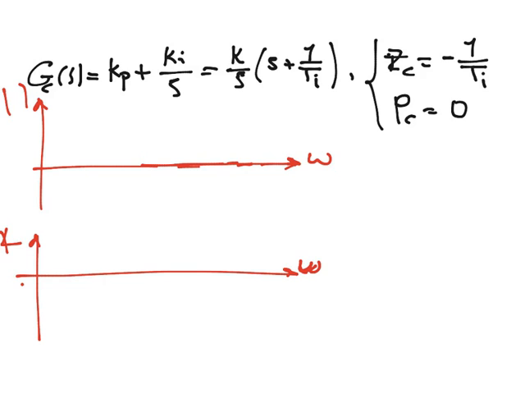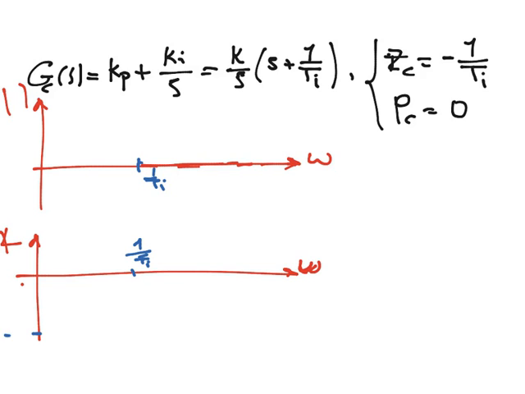The corner frequency is 1 over Ti. For very low frequencies, the phase will be equal to minus pi over 2, and for high frequencies, the phase will become 0.